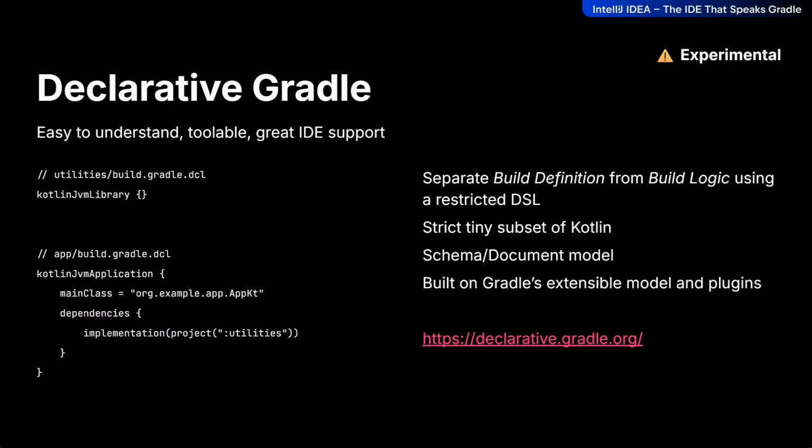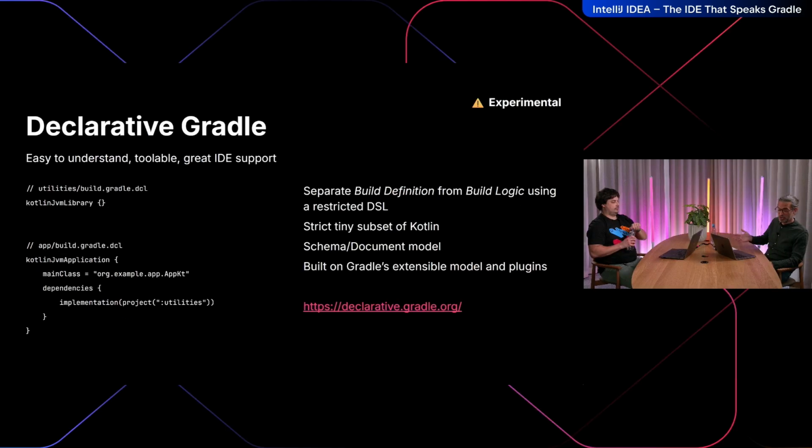And the third ongoing effort we would also like to highlight today is the Declarative Gradle initiative. Let Paul explain it, as he is leading the initiative on the Gradle side. Yep, so we've been advocating for a while for people to keep their build scripts as declarative as possible and move their logic to convention plugins. So don't have too much code and logic in your build script, but move that to convention plugins.